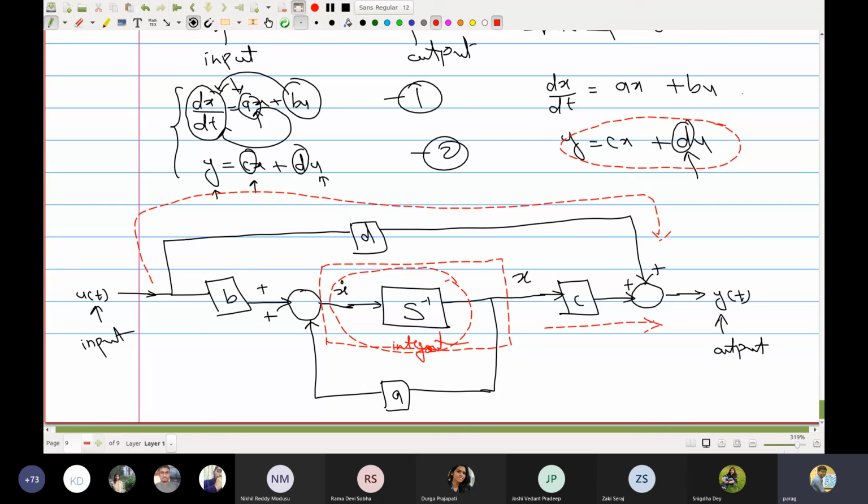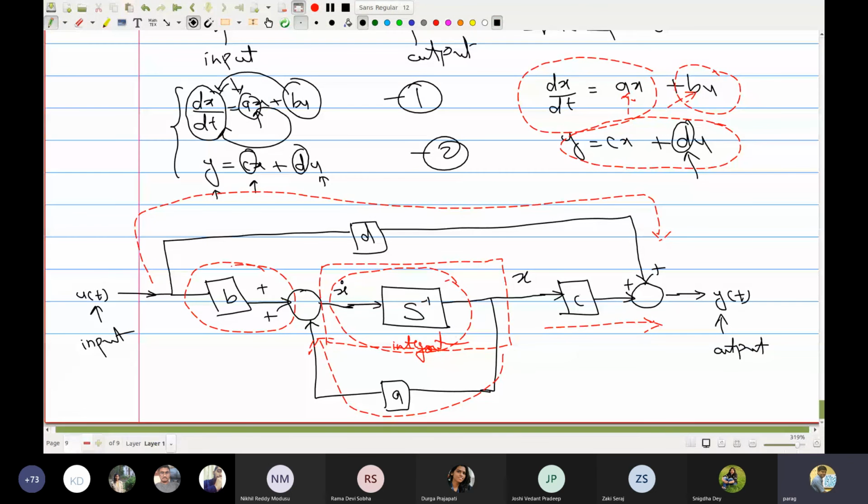Now you multiply u by b, you get dx by dt. This is what you get. And finally, you multiply a with x to get dx by dt, and therefore the direction of arrow is reverse. This is the complete block diagram. So let me write here.